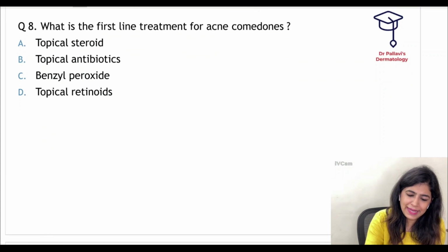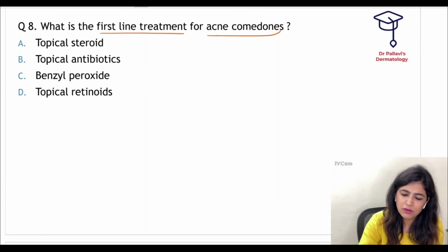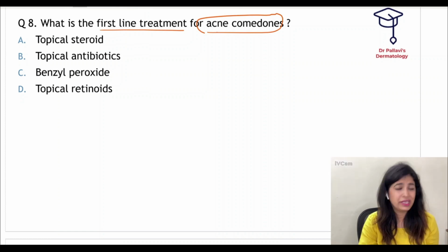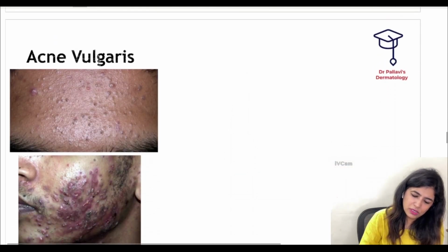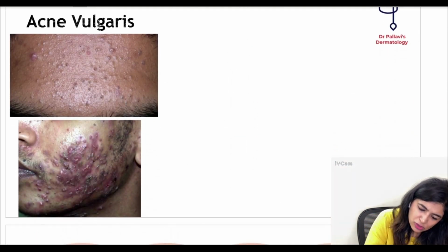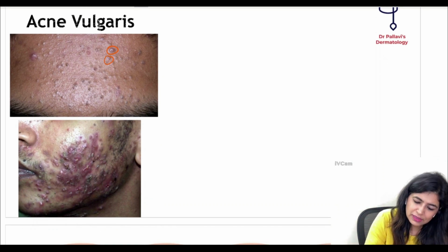Coming to question number 8. What is the first line treatment for acne comedones? Well, that's a new question. Every time they've been asking you treatment for nodulocystic acne, this time they have asked you treatment for comedonal acne. So comedonal acne, I'll just tell you. Look at the image here. This is comedonal acne.